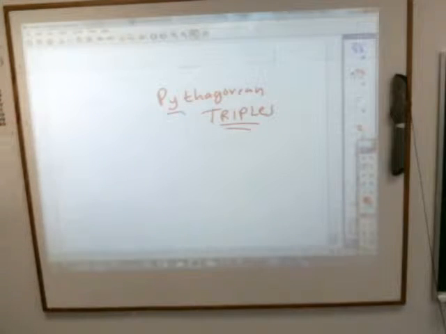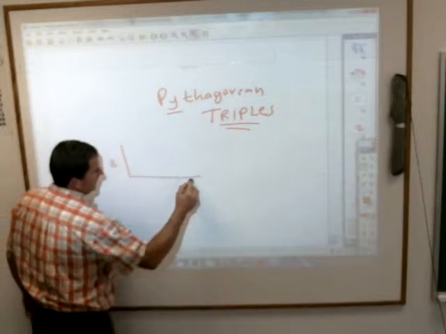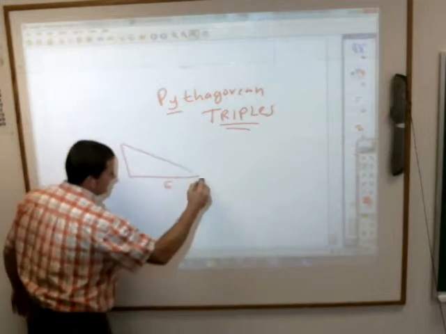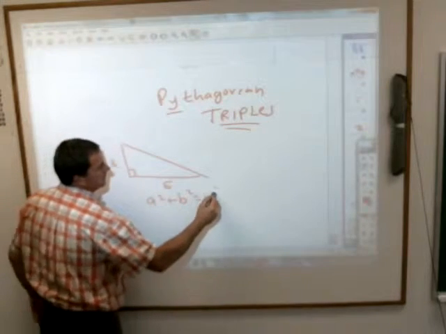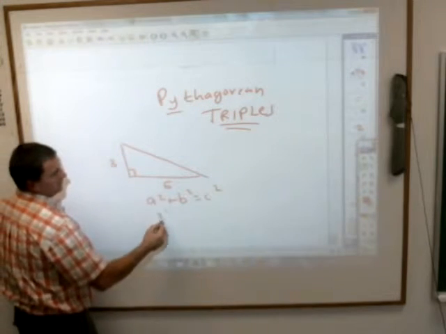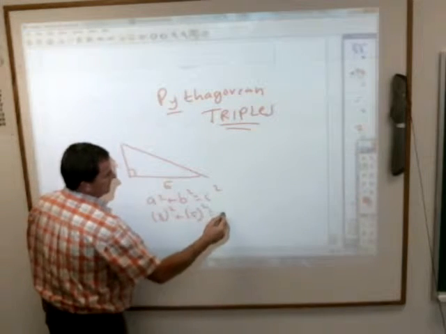Okay? In other words, for the majority of triangles, let's say I have this. This is 3, and this is 5, and I've got this line over here, and I put it in my a squared plus b squared equals c squared. A squared, I do 3 times 3. B, I do 5 times 5.